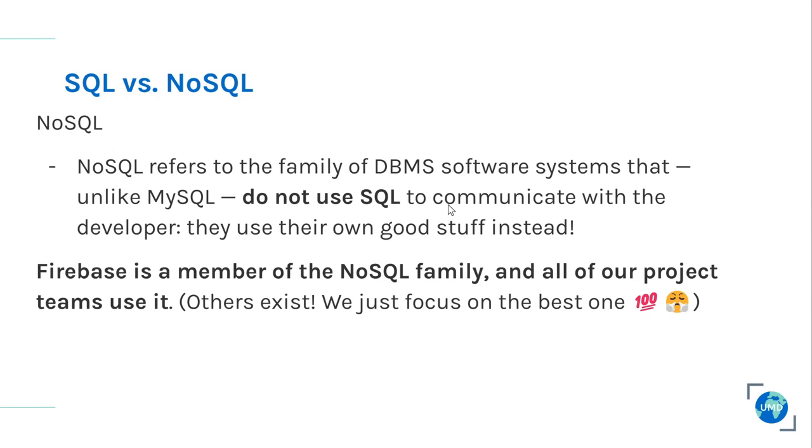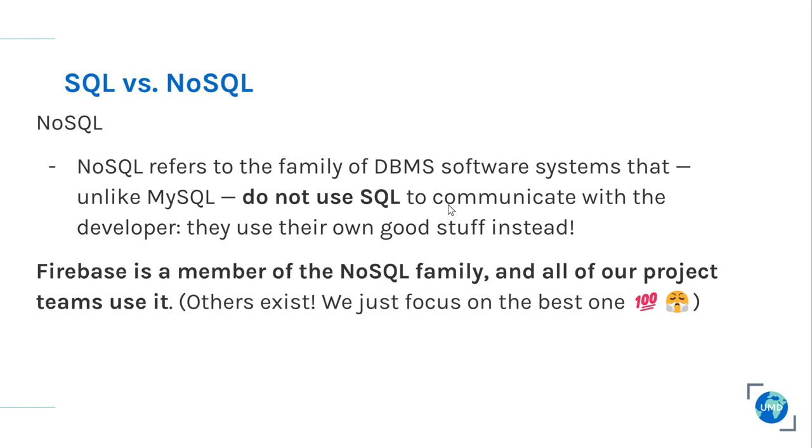So one of the more popular ones is MongoDB, and the other one that we're going to talk about is Firebase, and this is not very commonly known, but it is very popular. Cassandra is another type of DBMS. All of these are NoSQL, but they have different internal structures, meaning MongoDB stores data in key value pairs.